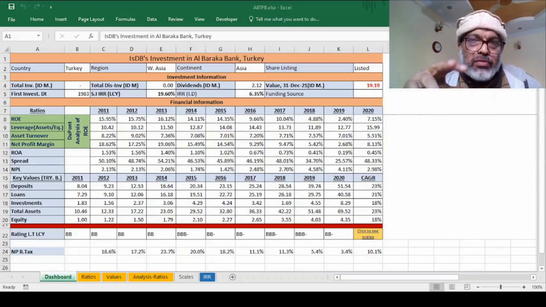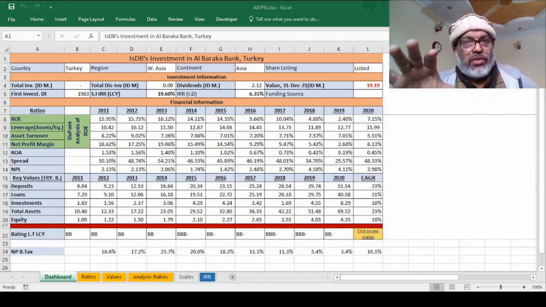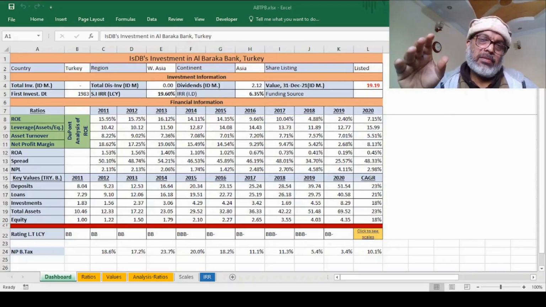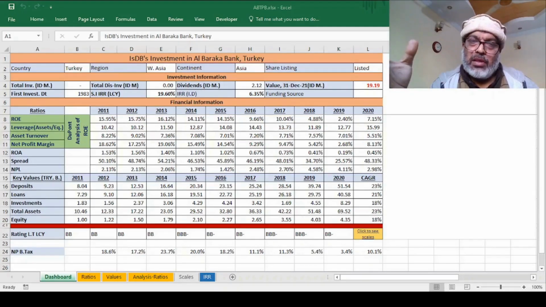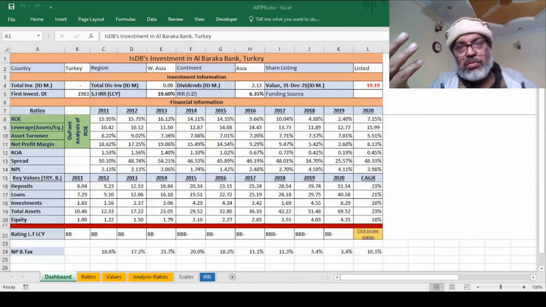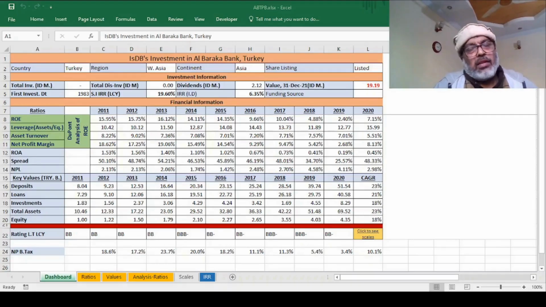In every one of these five areas, different ratios are checked, and those ratios are compared with the average ratios of all the banks or the standard ratios, and then it is determined whether it's good, bad, excellent, or too much underperformed. So in that way, I gave the score to every bank.